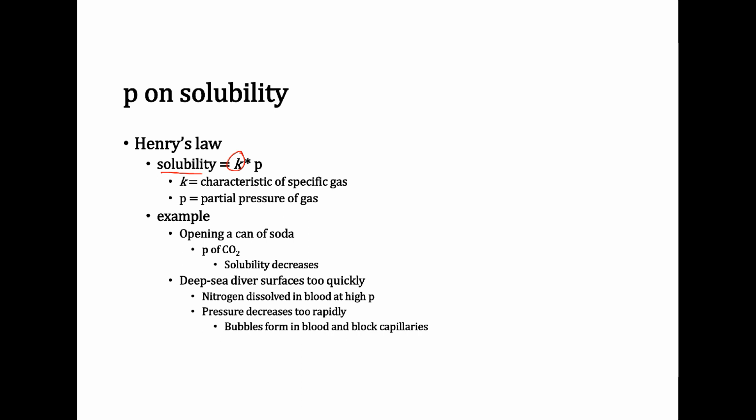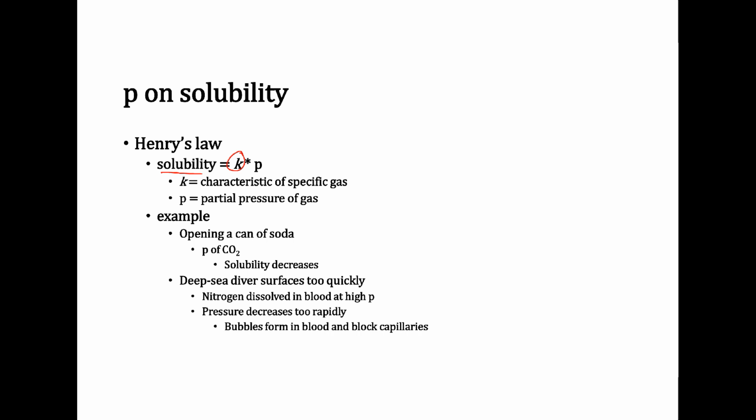So our solubility decreases. A more serious example would be a deep sea diver that surfaces too quickly, because the nitrogen would be dissolved in the blood at a high pressure. If you decrease that pressure too rapidly, then you can have bubbles form in blood and block capillaries, and you can have real problems, especially if someone were to get on an airplane. That's what's known as the bends.